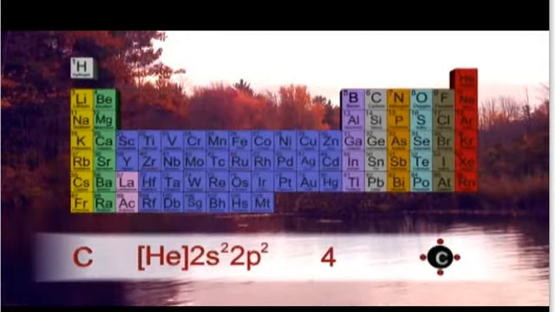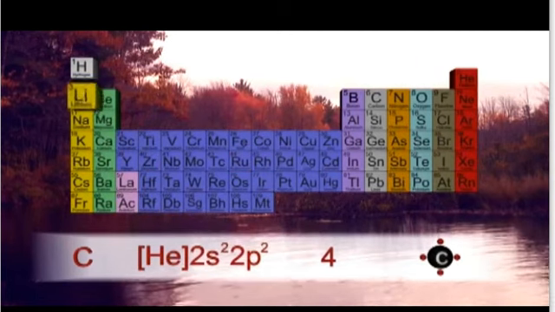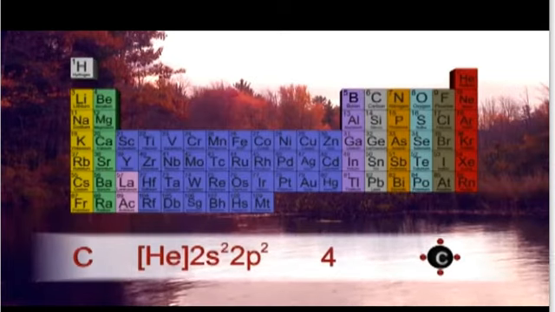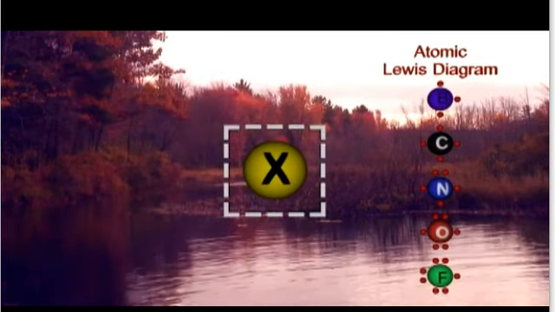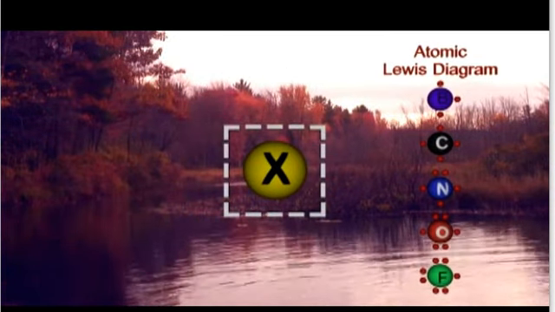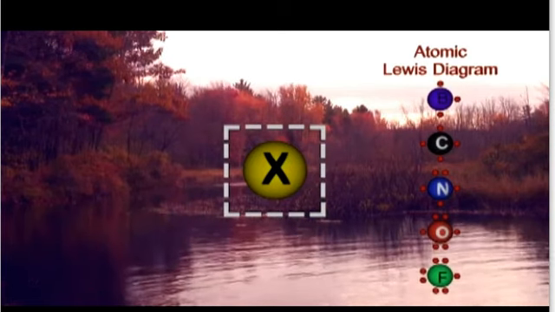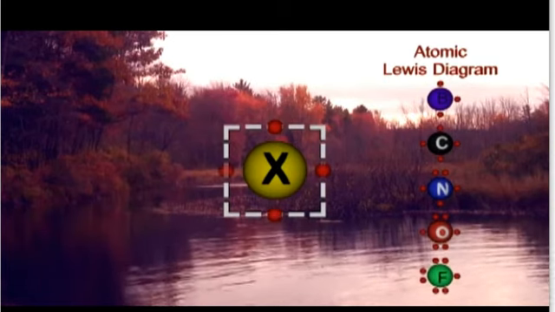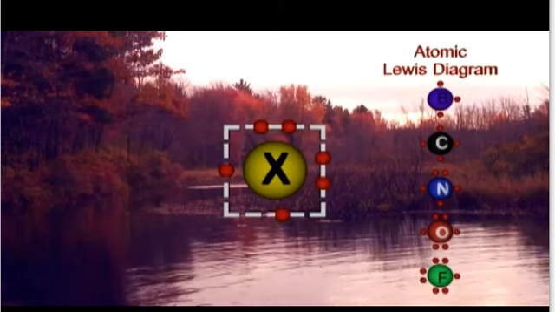Now take carbon, which has 4 valence electrons in its outermost shell. In the Lewis diagram, if any element is there, its valence electrons are represented around it, and that is known as the Lewis symbol or Lewis dot symbol.